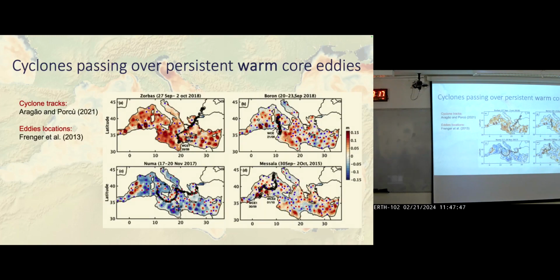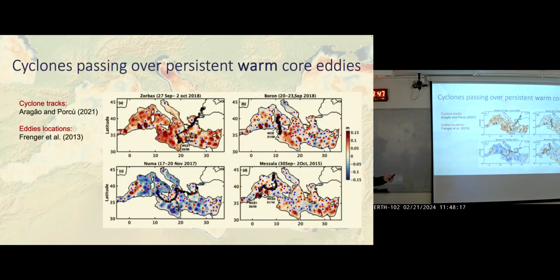We also identified the location of eddies. And we are trying to see what happened to the storm a day before the cyclone passes over the eddy, a day after, and also on the day when the cyclone is above the eddies. We choose the most intense eddies because we want to see the effect of the eddies, so the more persistent and intense eddies.